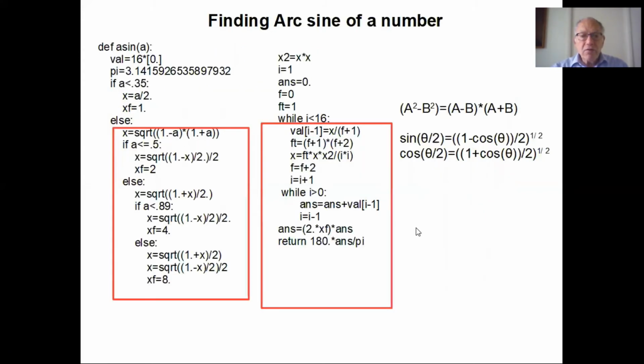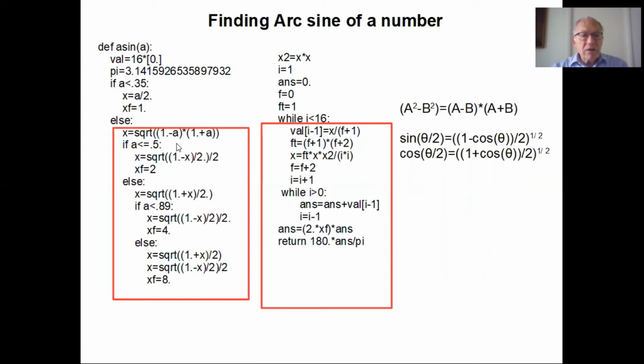Now we look at the full function itself. We see where we start off with, if the angle is less than 0.35, we have the angle and we set the scale factor to 1.